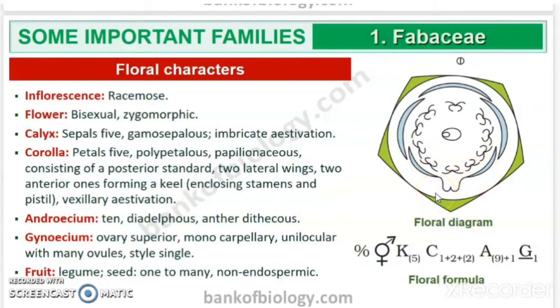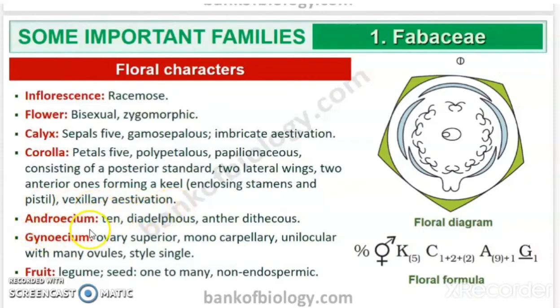So this type of estivation is called vexillary estivation, right? When the petals are placed in such a position, they enclose stamens and pistil. So it consists of a posterior standard, 2 lateral wings, and 2 anterior ones forming a keel, enclosing stamen and pistil. Okay, so this is vexillary estivation.